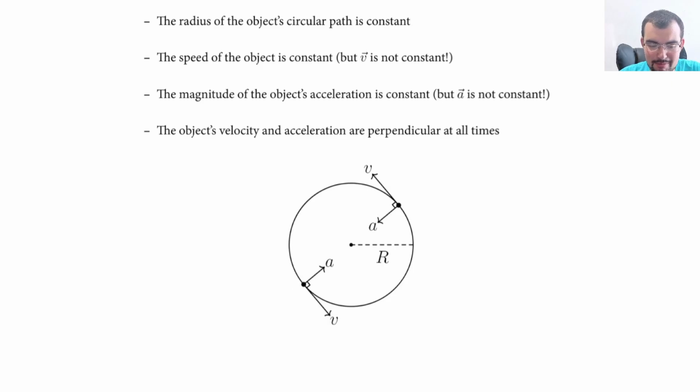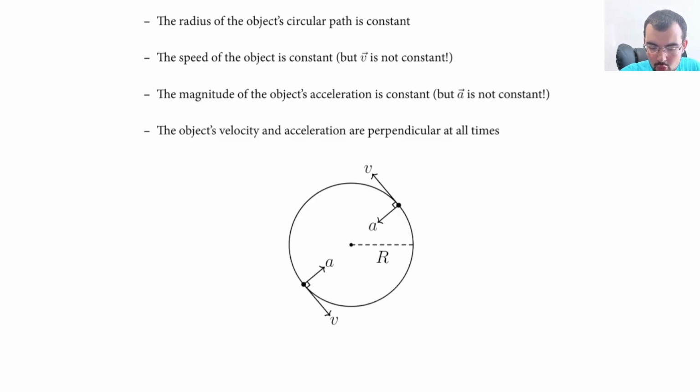Also, the magnitude of the object's acceleration is constant, but the vector itself is not. And the object's velocity and acceleration are perpendicular at all times. And the acceleration will always point towards the center of this circular path.